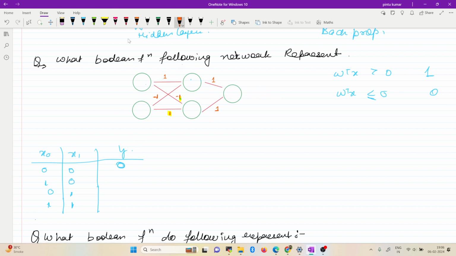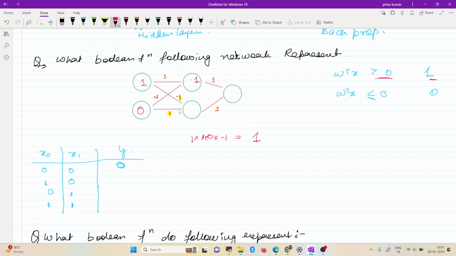So now let's say we pass 1 comma 0. This is 1 into 1 for the top one, plus 0 into minus 1. What is the value? 1. Now 1 is strictly greater than 0, so the output for this neuron should be 1.